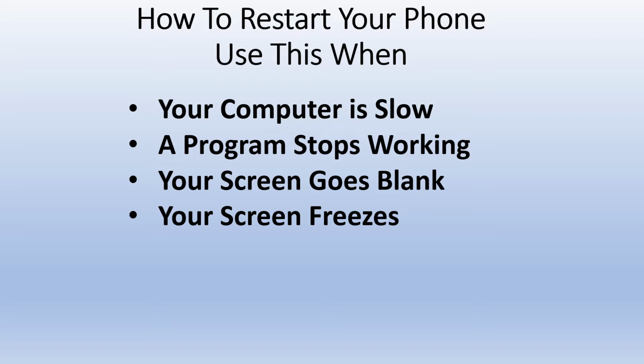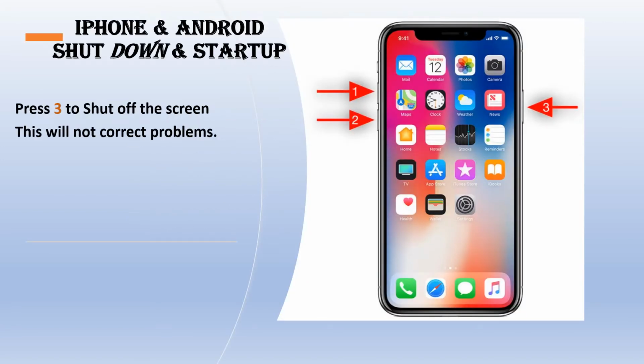Now, first of all, let's cover how to restart your phone. Use this whenever your computer is slow or your phone is acting slow, a program stops working, your screen goes blank, or your screen freezes for some reason. This method will be very handy in resolving most of these problems.